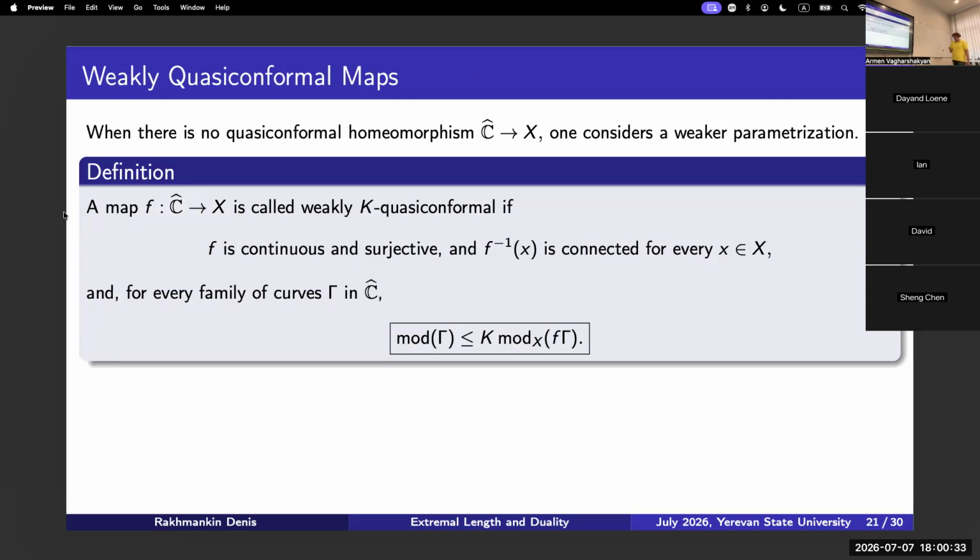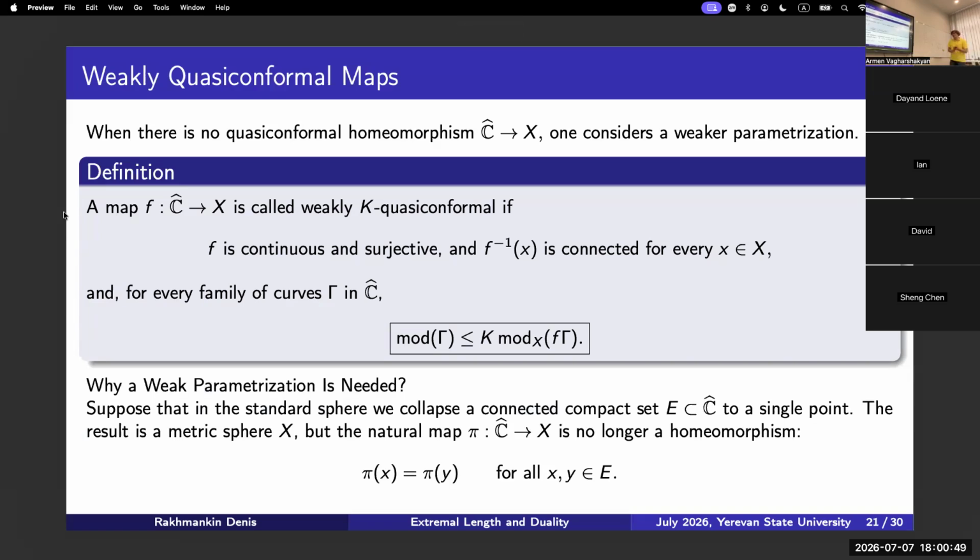Okay, we proved something, but we don't always have a homeomorphism. For example, if I have a sphere and I take some compact set and collapse it into one point, right now it's not a homeomorphism because it's not injective. But we still want to have a parameterization in that case.